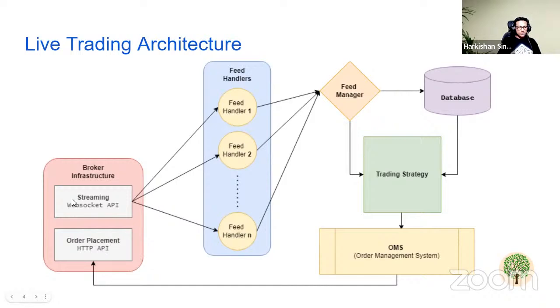Usually the first one is a streaming API. It streams through something called a WebSocket. So what is a WebSocket? WebSocket is a type of connection that is established between the server and the client. When the handshake is done, a full duplex connection is established over a single TCP channel.